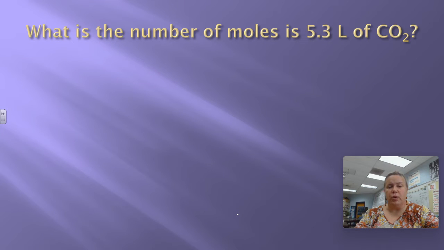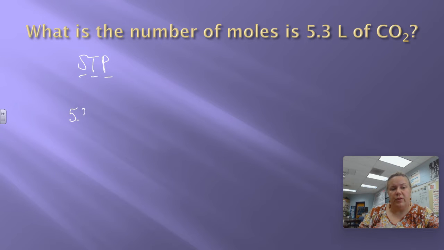The first question is, what is the number of moles in 5.3 liters of CO2? Now we're assuming this is at STP, which unless we're told otherwise, we can typically assume. STP means standard temperature and pressure. So because it's at STP, we can use the 22.4 liters.